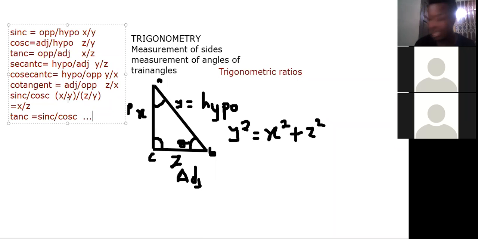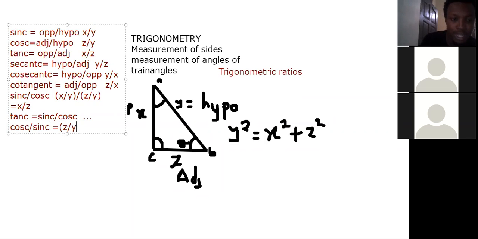Now, let's also see cos C all over sine C. What do we have? Cos C is what? We are doing it together: z all over y, right? Yes. Into bracket, sine C is x all over y.